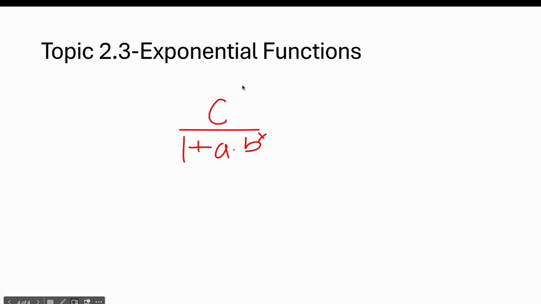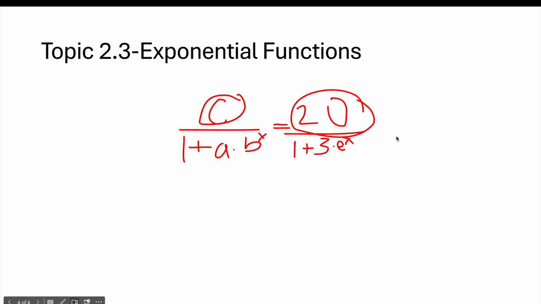That would be our logistic growth function. And our c is actually a limit to the growth. So if we were to write this as 20 over 1 plus 3 times e to the x, then our limit is 20.